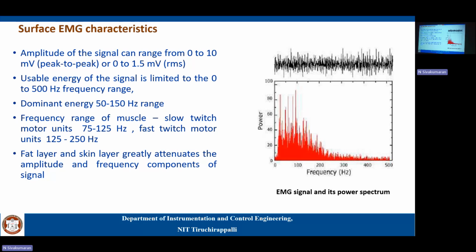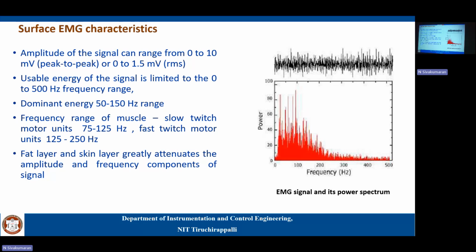If you want to see the frequency components associated with these muscle fibers, the frequencies from 75 to 150 hertz are associated with slow twitch muscle fibers, and from 125 to 250 hertz with fast twitch muscle fibers.